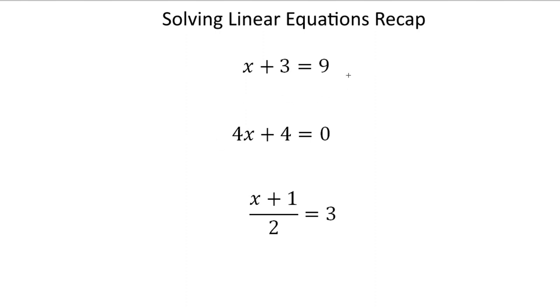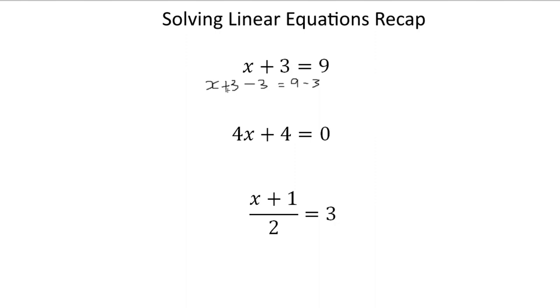Now remember, what we've done with solving the linear equations is we keep saying we need to isolate the x. We need to get x on its own, and the way to do that is we manipulate the other terms. So if we want to get x on its own on the left side here, you have to subtract 3 from both sides, because in this case we're doing x plus 3 minus 3 is equal to 9 minus 3.